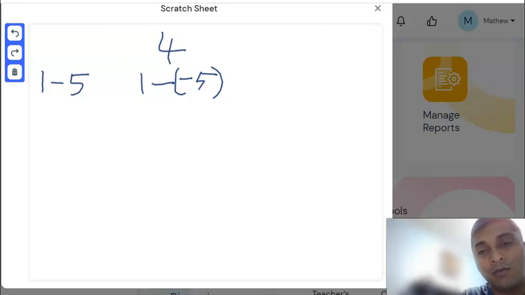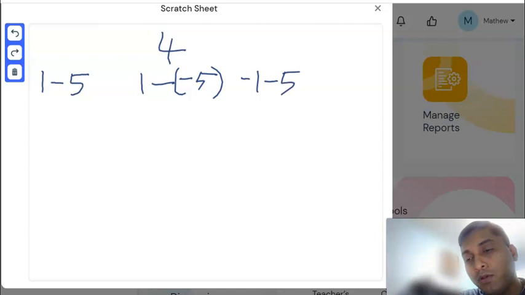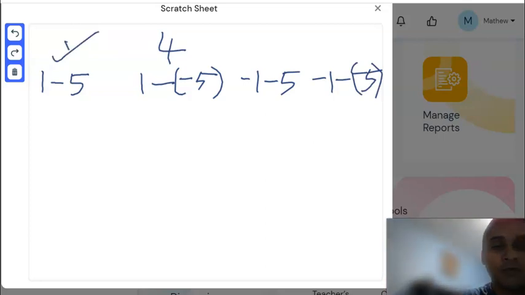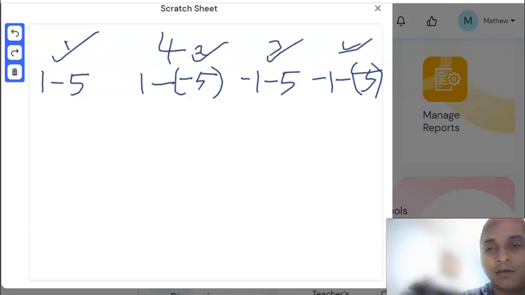The third one, we said a negative number, but you subtract a positive number from it. The last one, from a negative number you subtract a negative number. So this was the first case, this was the second case, this was the third case, and this was the fourth case. In all cases you have to add the opposite.